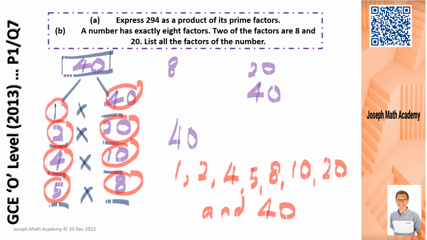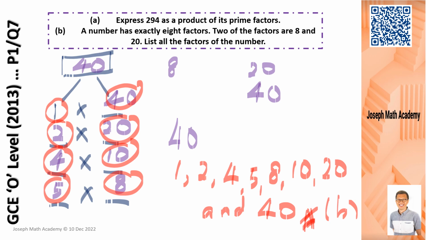Right? So the answer will be a list of 8 numbers, and the 8 factors are 1, 2, 4, 5, 8, 10, 20, and 40. And part B is done.